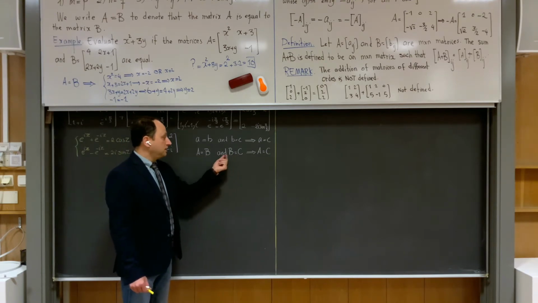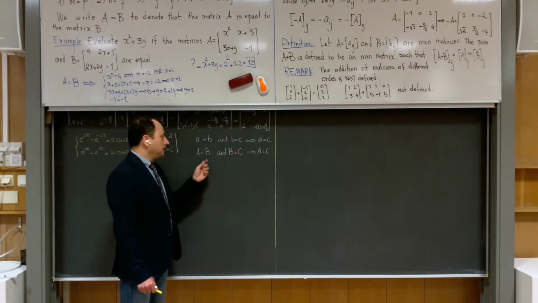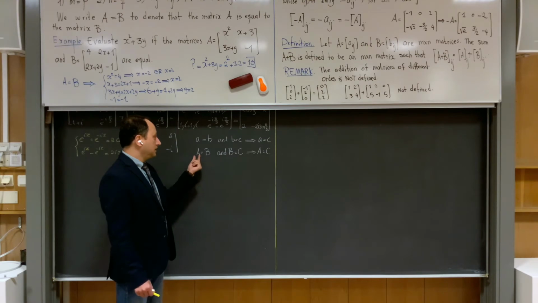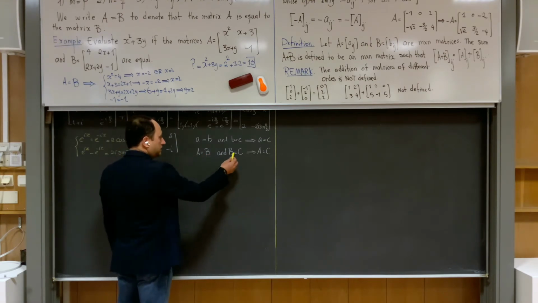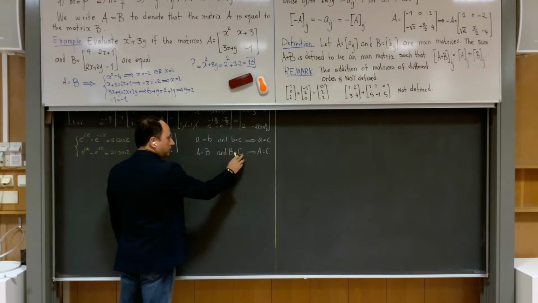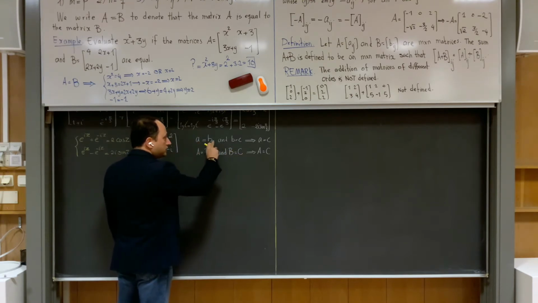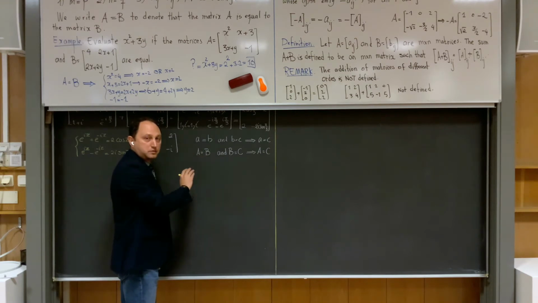And now you are saying this matrix B itself is equal to matrix C, so the order of B is exactly equal to the order of C. So the number of columns here is equal to the number of columns there, and the number of rows in A is equal to the number of rows. The number of rows here is itself equal to the number of rows here. So now I use this fact for numbers, because the row number is just a number, not a matrix.